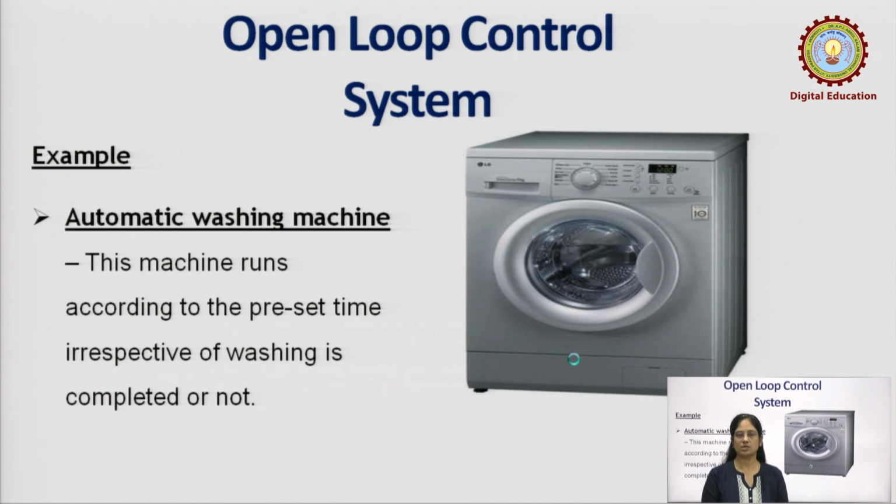So, this is an automatic machine, and whether the clothes are properly washed or not is not sensed. So, it is an open loop control system. The water input, the speed for spinning, and all these are the inputs, but the output is not being sensed to see whether some changes are required or not. So, such a system, a washing machine, comes under an open loop control system.